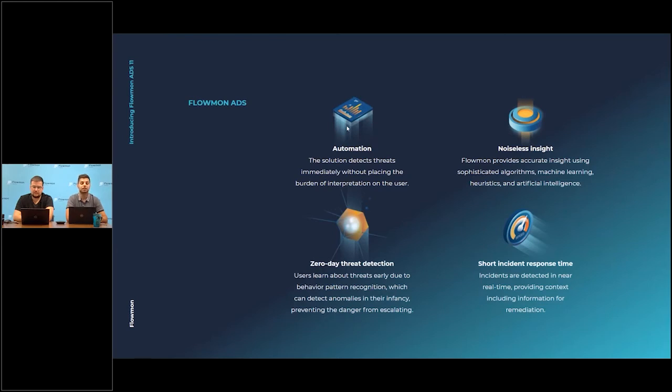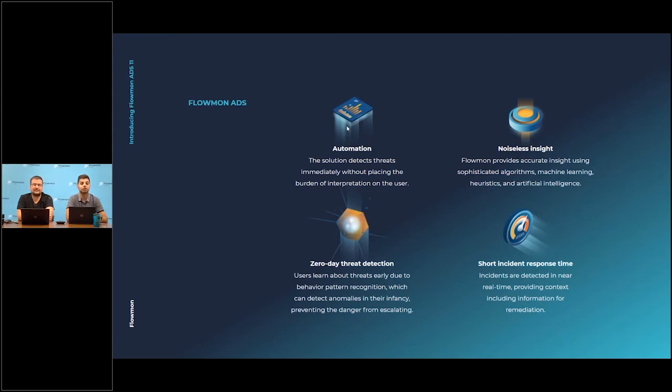We provide insight that is as accurate as possible. And what you will see in ADS 11, we strive to provide as little information as possible so that you're not overwhelmed with unnecessary noise.